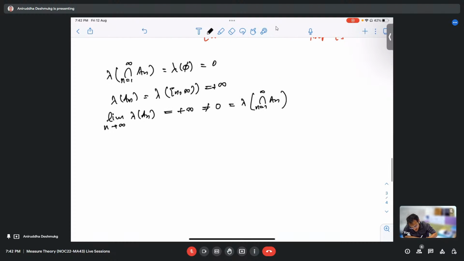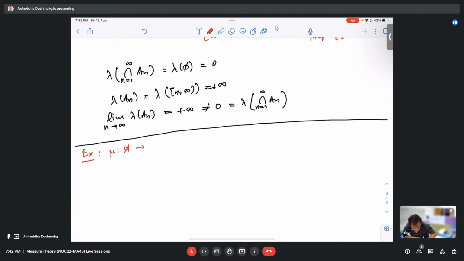Another thing was an exercise to prove the following. Suppose again mu from an algebra to [0, infinity] is a finitely additive set function such that mu of X is finite.